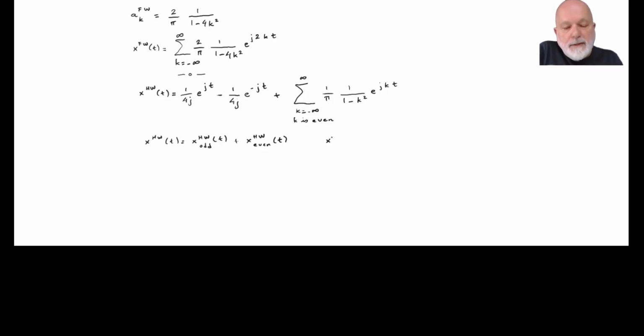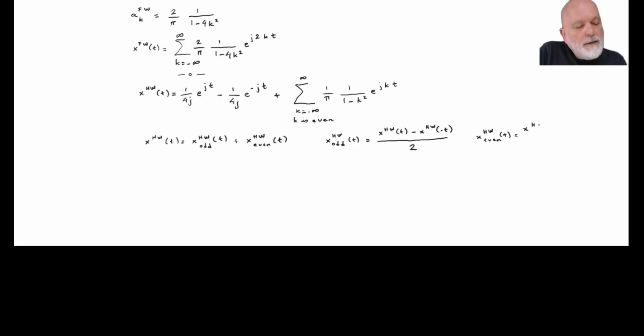Well, remember that in order to obtain the odd part, we take the signal itself minus its time reversed version, divided by 2, and for the even part we just add the original signal x of t and its time reversed version and divide by 2.